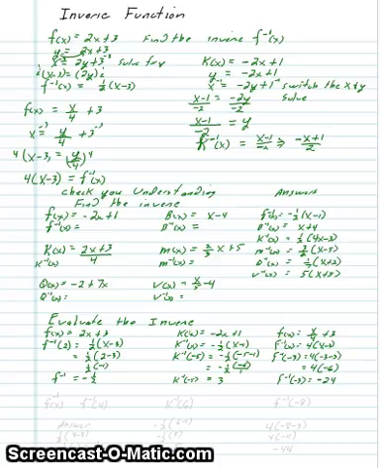So let's take this f of x, and we're going to evaluate the inverse, f inverse at 4. And the k of x that we've just worked with, we're going to evaluate its inverse at positive 6.